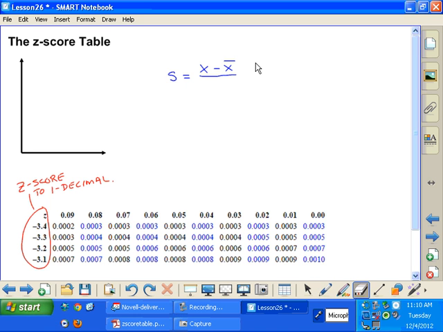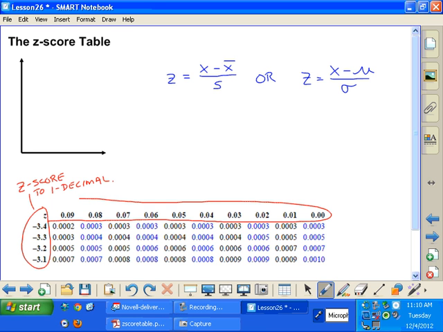Oops, sorry, Z score, my fault. Or your Z score equals X minus the mean, which would be mu for population. So that's how we're calculating these Z scores. So Z score to 1 decimal place, and then across the top, this is your Z score to the 2nd decimal.